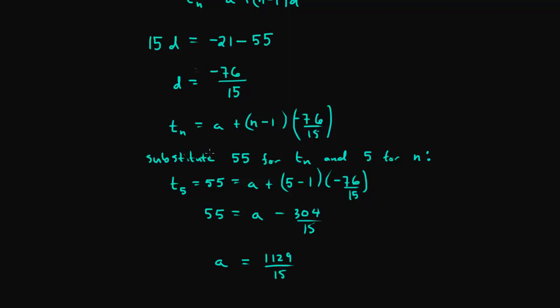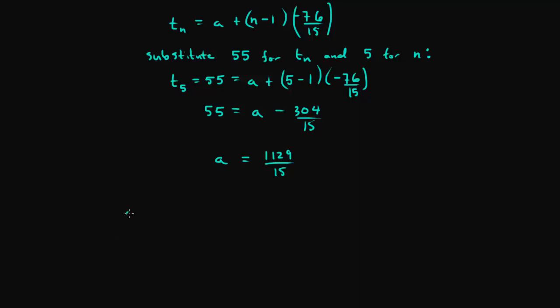Therefore, the explicit formula, and it's kind of a messy formula, is t sub n is equal to 1,129 over 15 plus n minus 1 times the common difference, which is negative 76 over 15. We should probably simplify this as well.